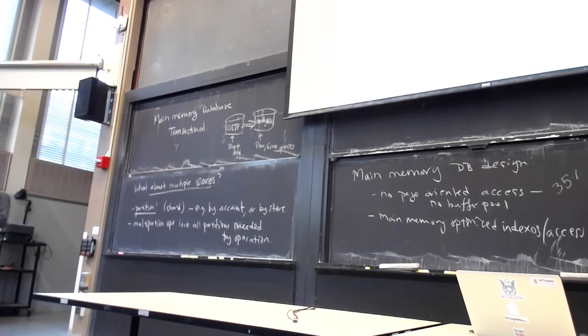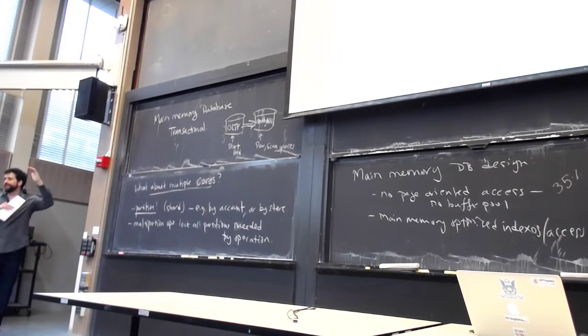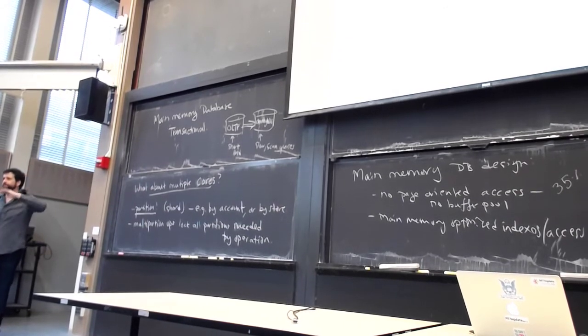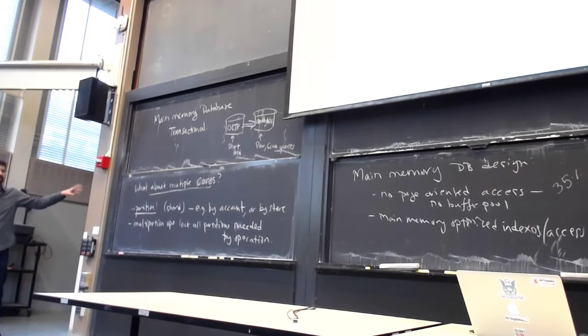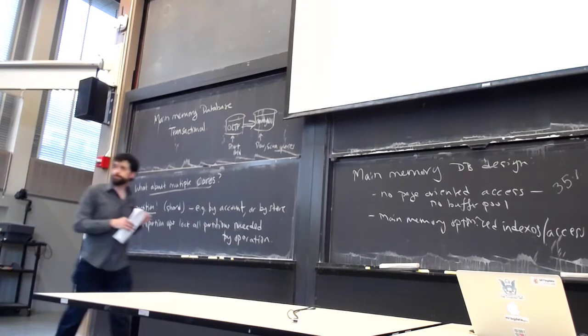The problem with these dynamic partitioning approaches is that now the set of records in a given partition has to be maintained as some big list. It can't just be defined by a single predicate. It's these big lookup tables that you have to consult when you want to figure out where a transaction is. It makes the whole thing complicated and probably adds some overhead. But you may not have the luxury to do that in a system like this where you're trying to do super high throughput transaction processing.